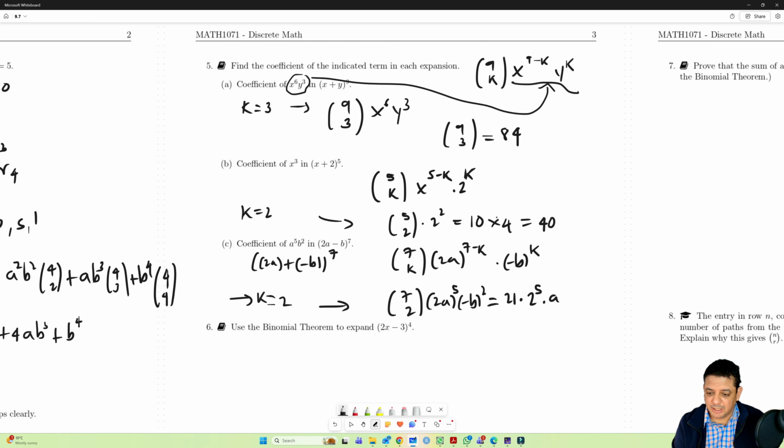And so this is going to be a to the 5, b to the 2. So you can see that the coefficient is this 21 times 2 to the 5, which is 21 times 32, which is 672. So that's my coefficient.